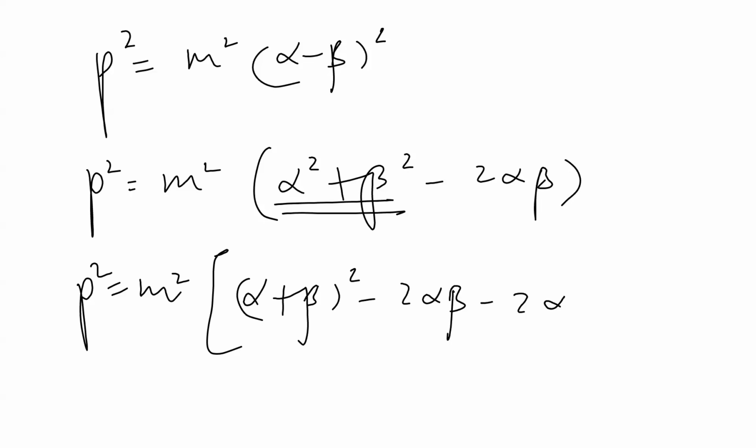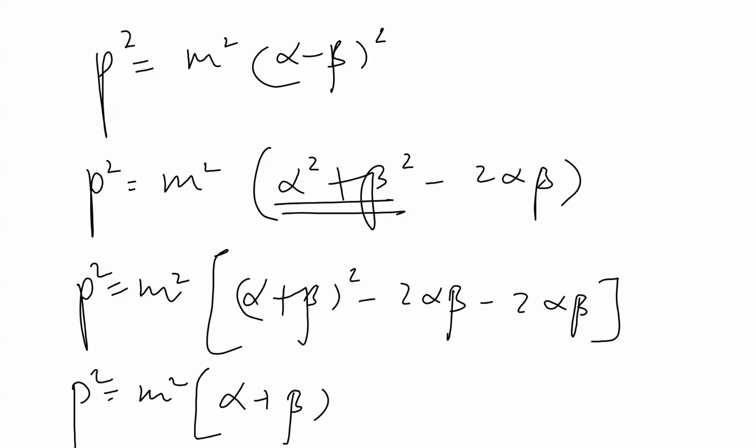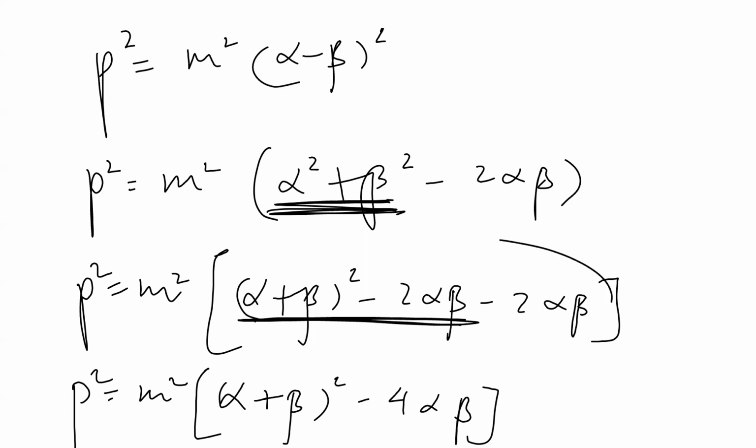Minus 2 alpha beta, and this is also minus 2 alpha beta. Okay, so p square is equal to m square into alpha plus beta the whole square minus 4 alpha beta. See guys, alpha square plus beta square is alpha plus beta the whole square minus 2 alpha beta. Then you combine this to get minus 4 alpha beta.